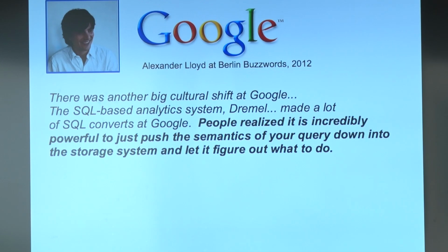Somehow they've used atomic clocks to get around the CAP theorem. It's all very mysterious. But whatever. He says, people realized it's incredibly powerful just to push the semantics of your query down into the storage engine and let it figure out what to do. So this is why SQL is so cool, because you're pushing off work to the database.